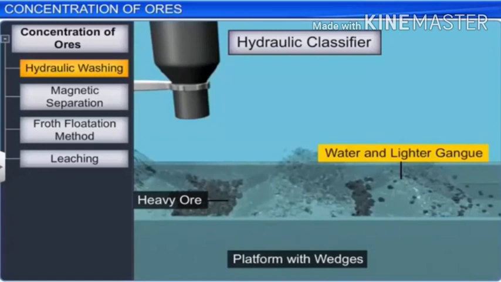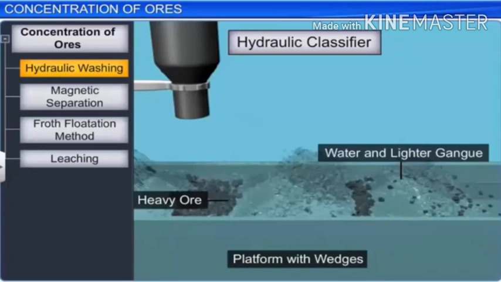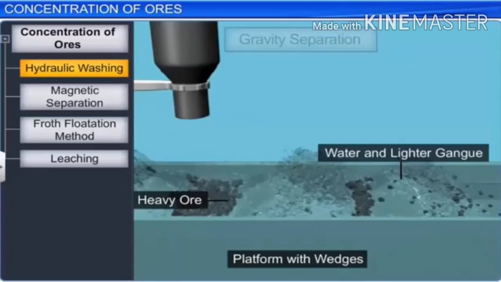Since this method is based upon the difference between specific gravities of the ore and the gangue particles, we call the hydraulic washing method gravity separation also.